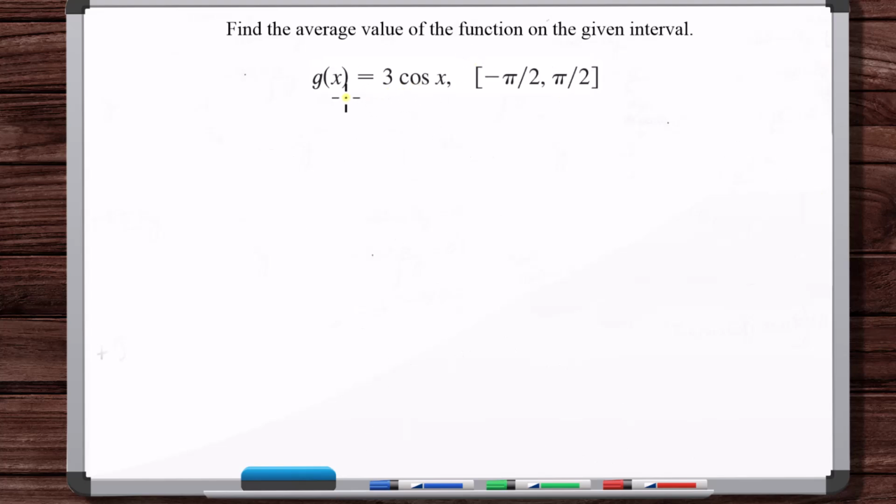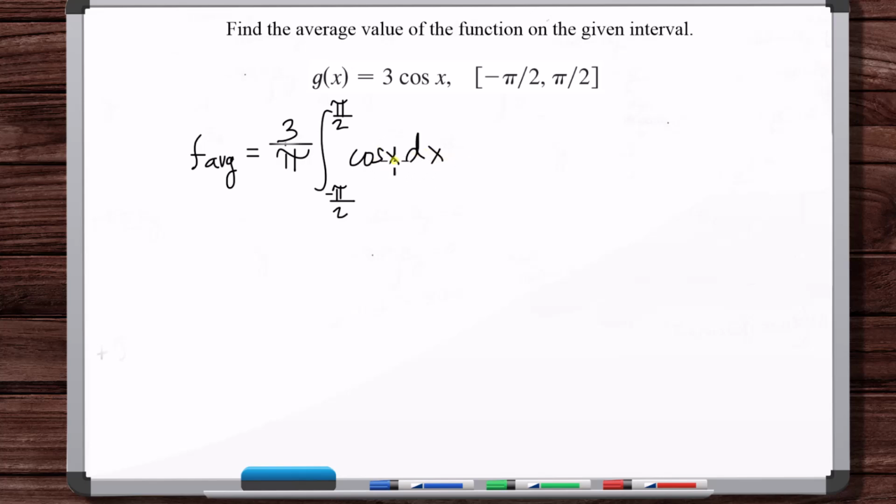Okay, same question, just a different function, different interval. So f average is 1 over b minus a, so pi over 2 minus minus pi over 2, that's just going to be pi. So 1 over pi, and then minus pi over 2 to pi over 2 of 3 cosine x dx, so we can take out that 3, and we're just left with cosine x dx.